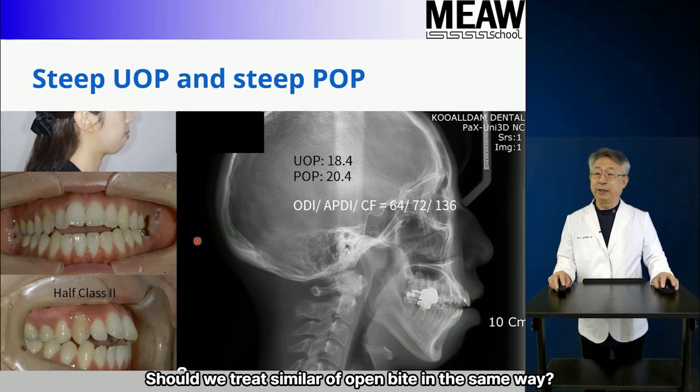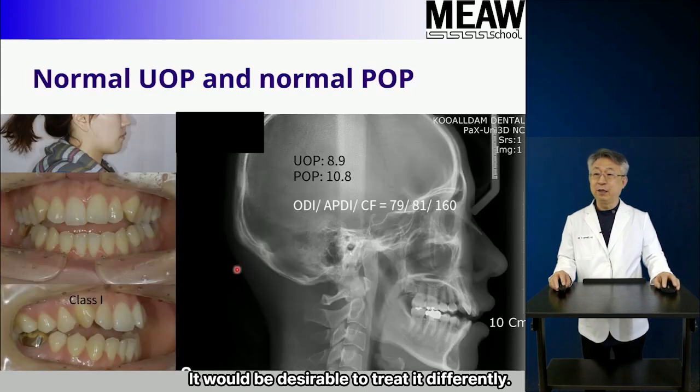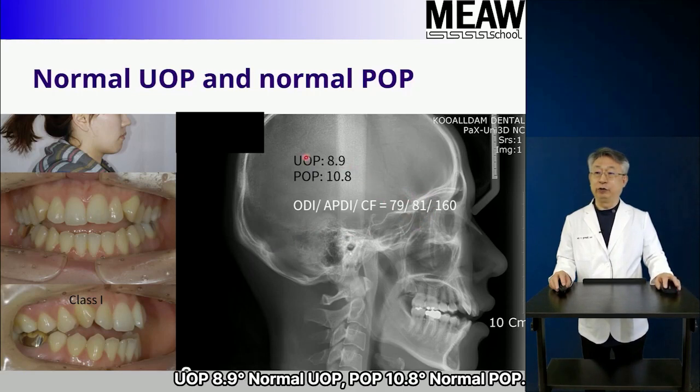Should we treat similar open bites in the same way? It would be desirable to treat them differently. This patient is open bite of skeletal Class 1 with APDI 81. UOP 8.9 normal UOP, POP 10.8 normal POP.